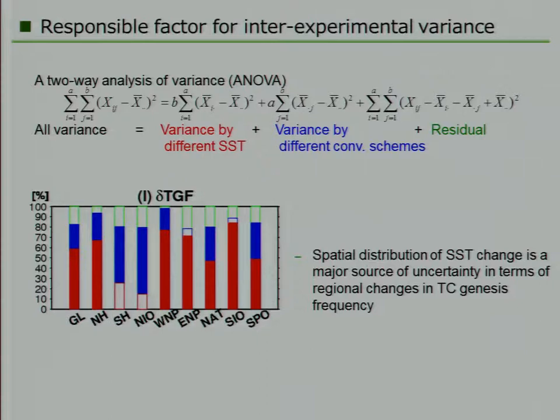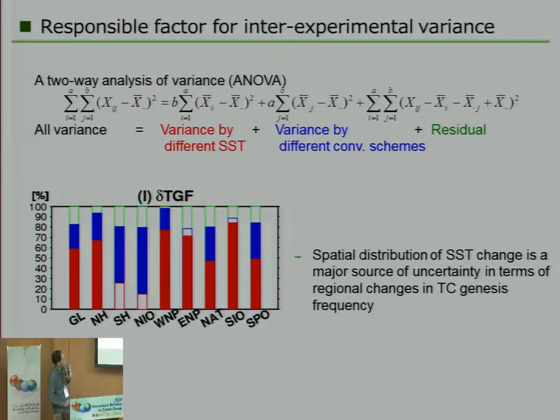So this is the result for the tropical cyclone genesis frequency. You can see the spatial distribution of the SST change is a major source of uncertainty in terms of regional change of tropical cyclone genesis frequency.